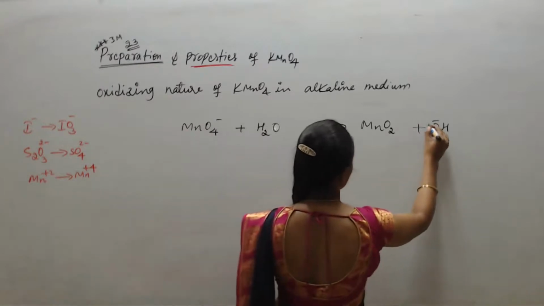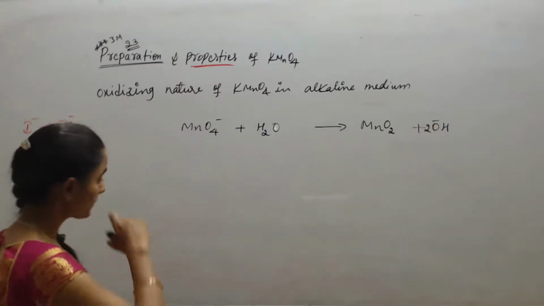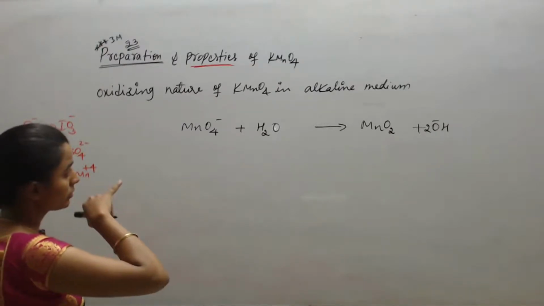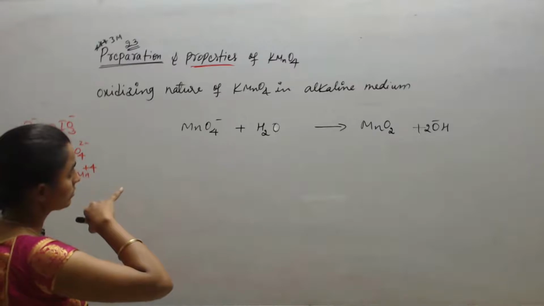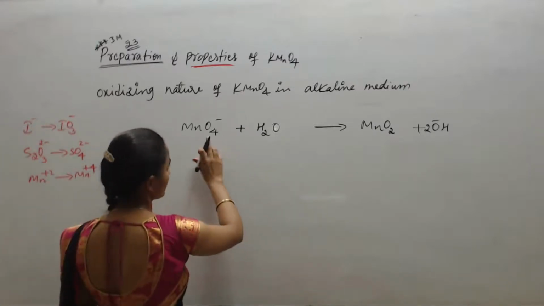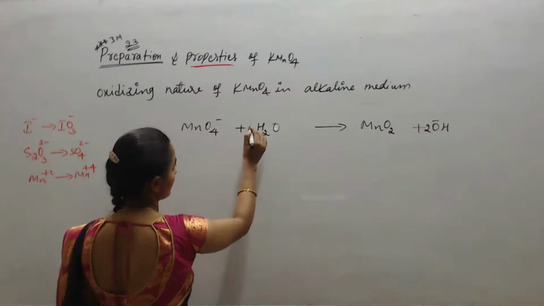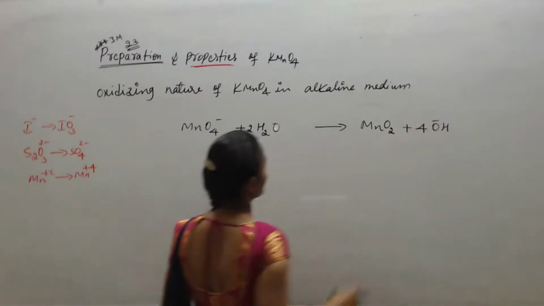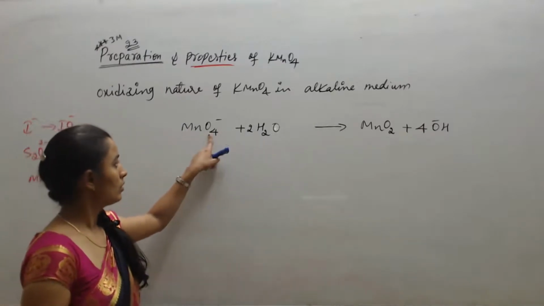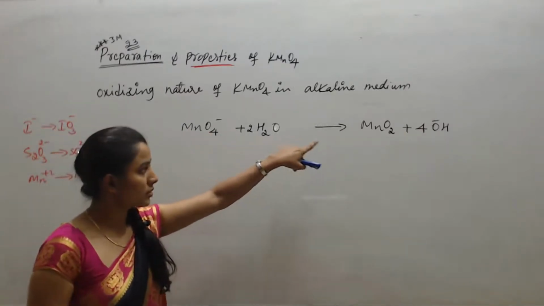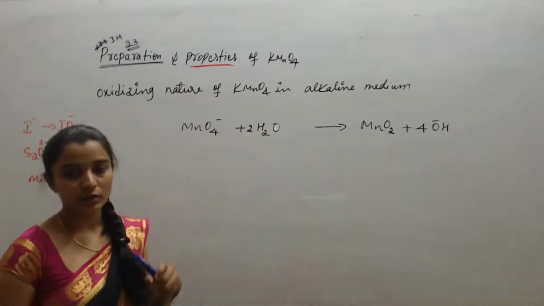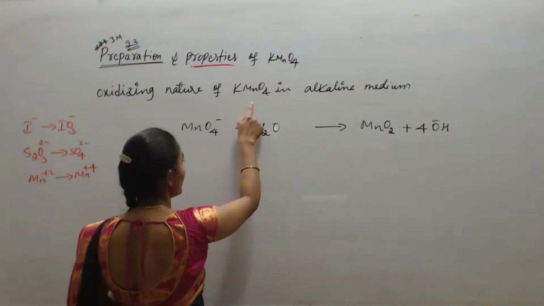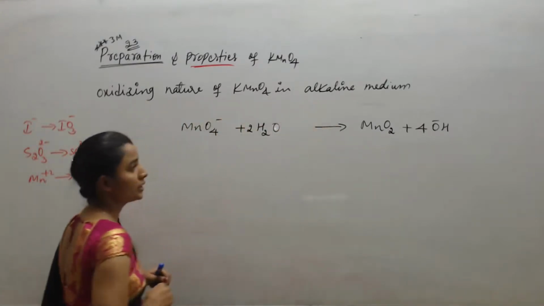This is OH minus. So here we have to balance. This one is 4OH minus. Now it is balanced. 1 Mn, 4 plus 2, 6 oxygen, 2 plus 4, 6 oxygen, and 4, 5 hydrogen. So this is the balanced equation of oxidizing nature of KMnO4 in alkaline medium.